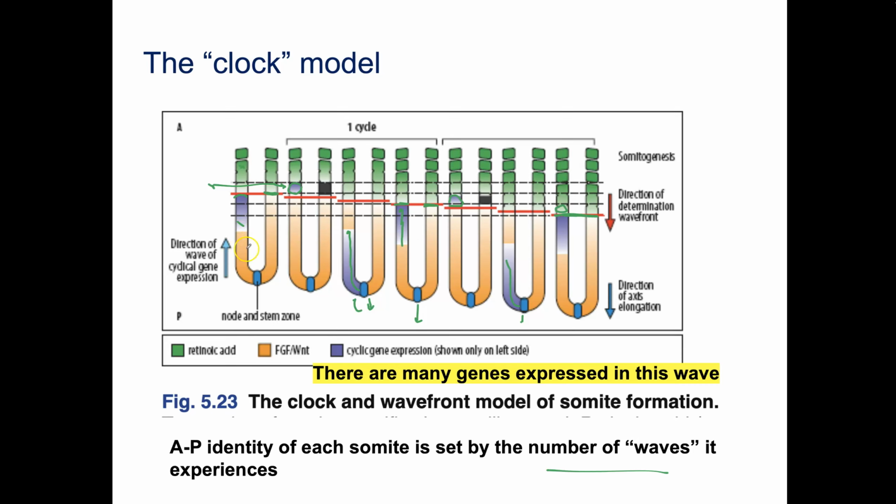So it's thought that some of the information on where you are, anterior versus posterior, is like, this one will have experienced 1, 2, 3, 4, 5. This one will have had 7 waves of gene expression, and so it has a certain identity, right? Cells down here will have had 8 waves, and so on. And so that's part of how the somites, when they form, have their anterior-posterior specification.